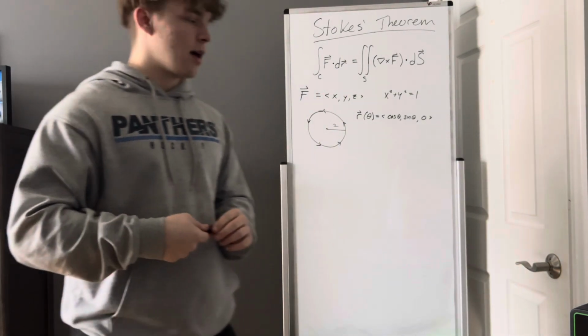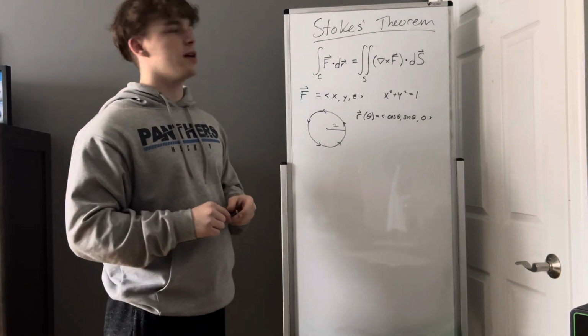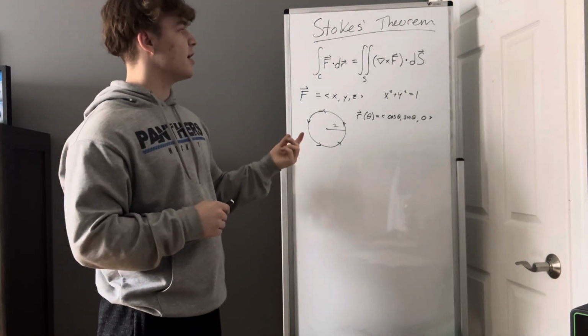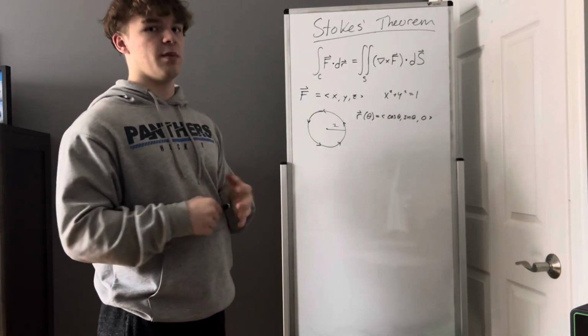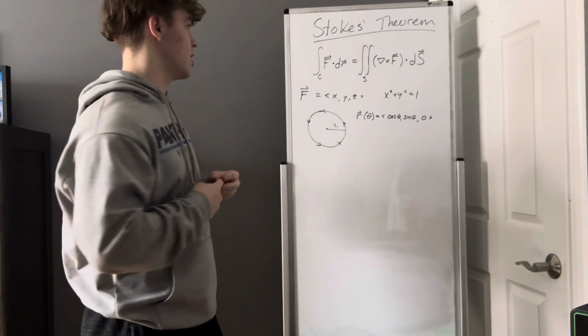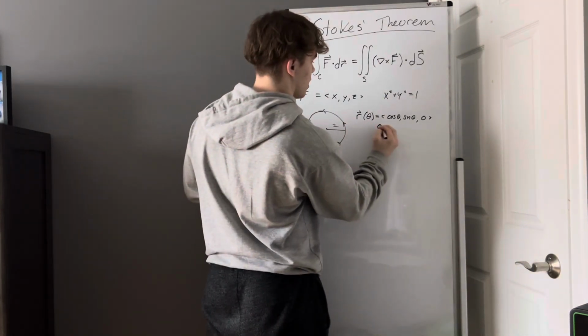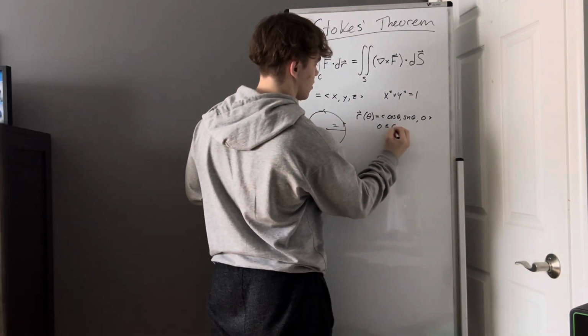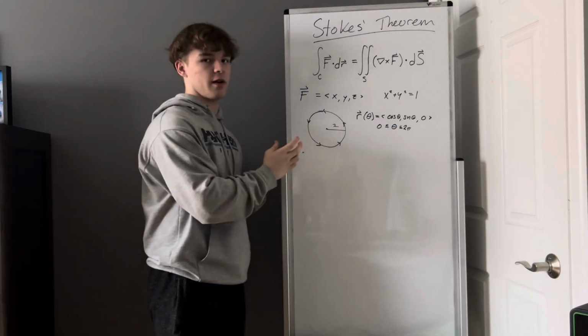So, to evaluate this integral, we will need dr d theta, and then we'll put our d theta at the end of it, as we remember from our line integrals episode. It should be noted now that theta spans from 0 to 2 pi, since we have a full circle here.